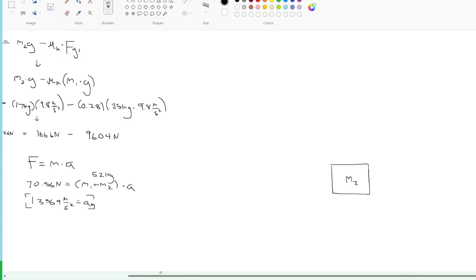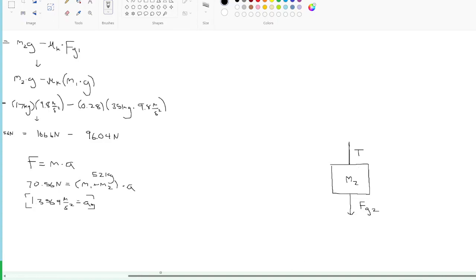M2, Fg2. Then we have tension, which is the force that is transmitted through the rope. And we're only looking at it in this context. So let's see what's going on here.